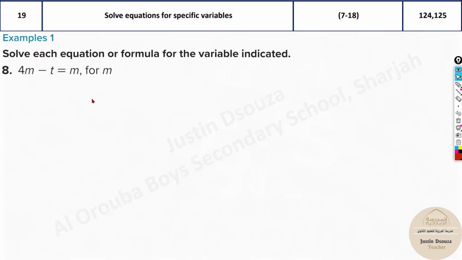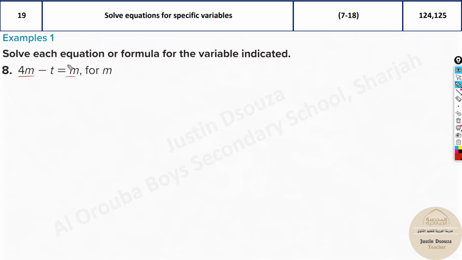And here the same thing, please do it by yourselves. Now see here, don't go to solve for t, you have to solve for m. That means m must be kept alone. Now look at which is the bigger variable. It's 4m. So leave it over there. Sorry, it's not the variable, I'm telling the coefficient. 4 is a bigger coefficient for the variable m.